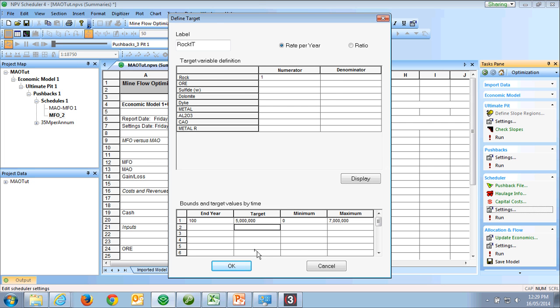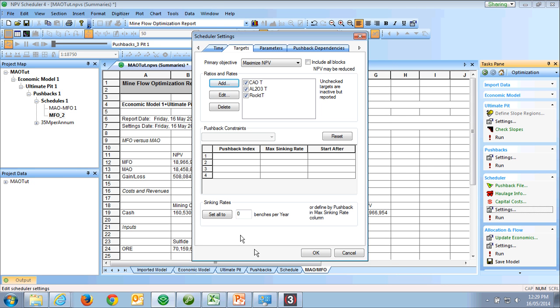If I set this target rate and have the system not just report it but track it, then it can create a schedule where it will still try and maximize NPV, but above all else, it will make the rock tons.